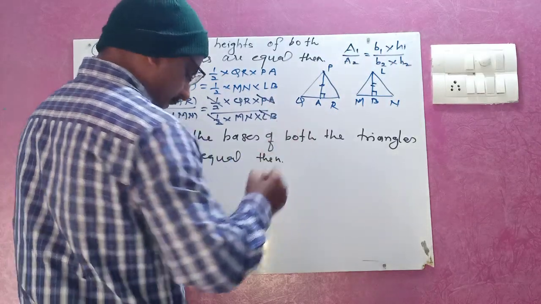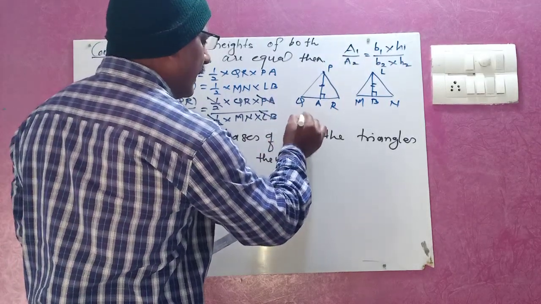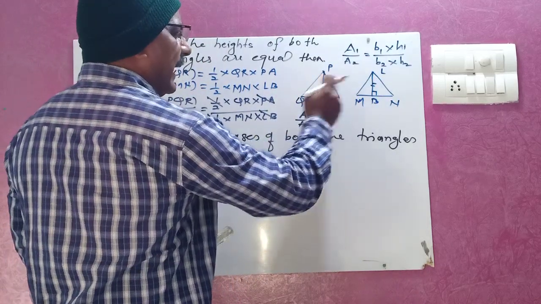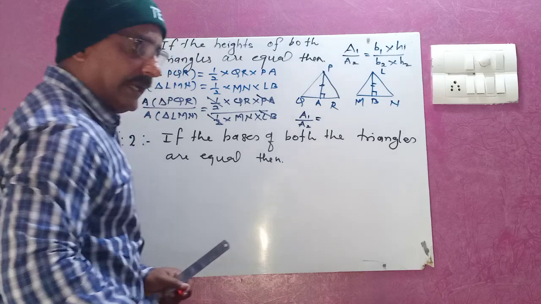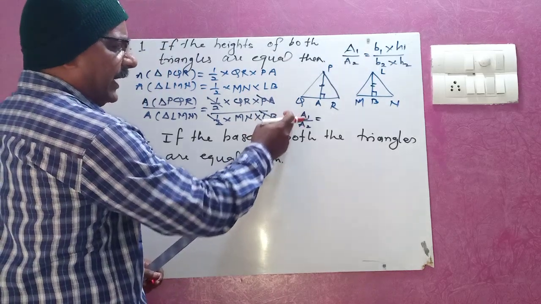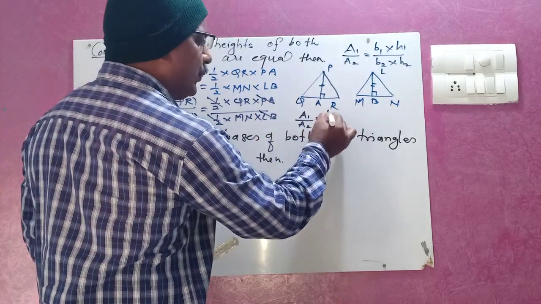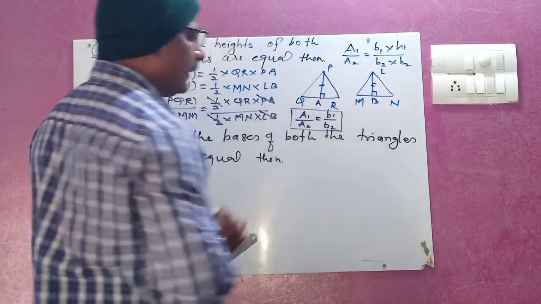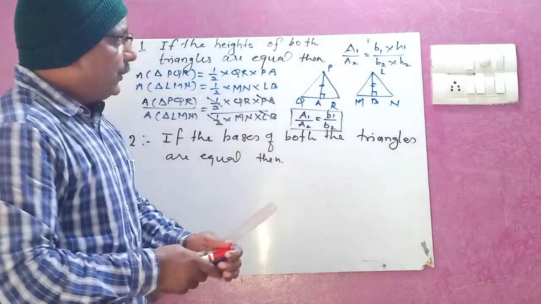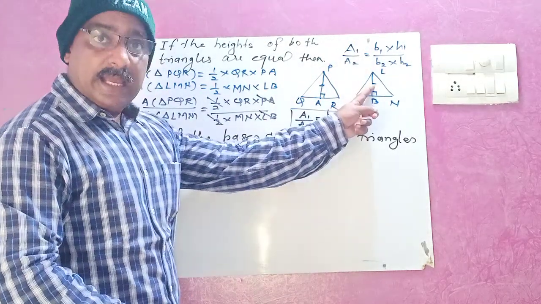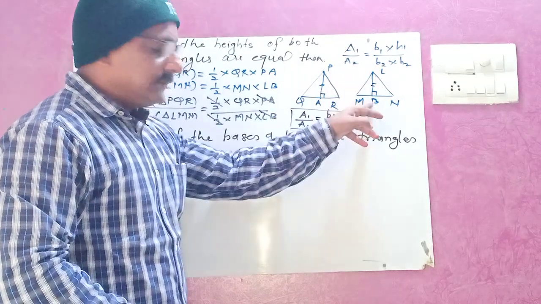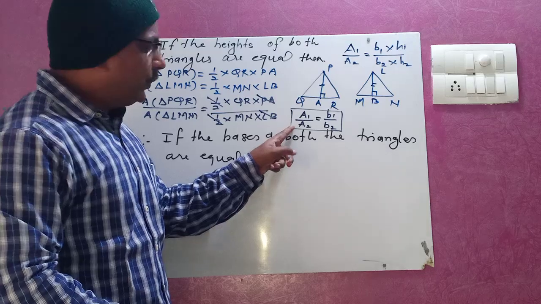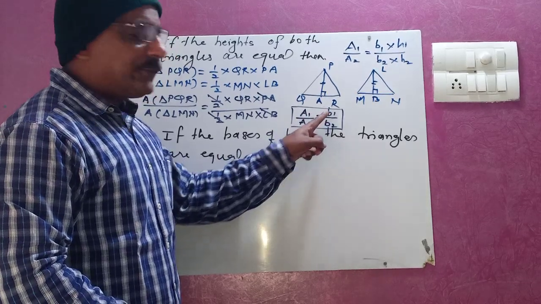It means what? When two triangles have equal height, then the ratio of the areas is equal to the ratio of the corresponding bases. Got it, children? When two triangles have equal height, then the ratio of the areas is equal to the ratio of the corresponding bases.